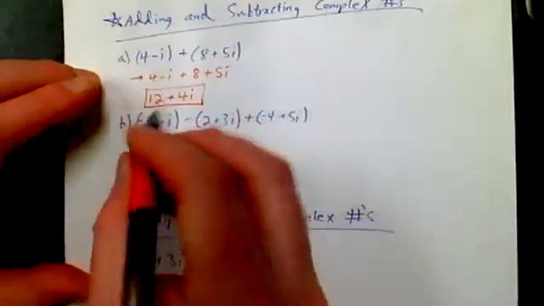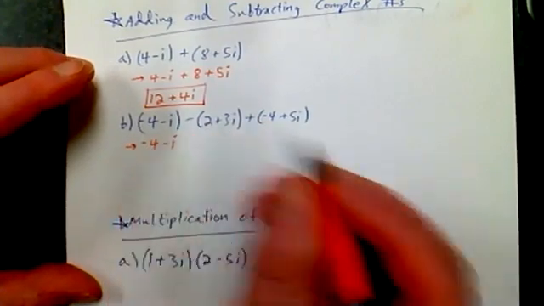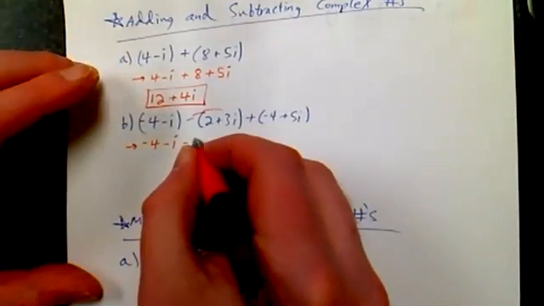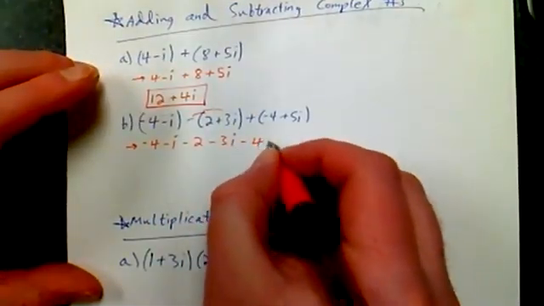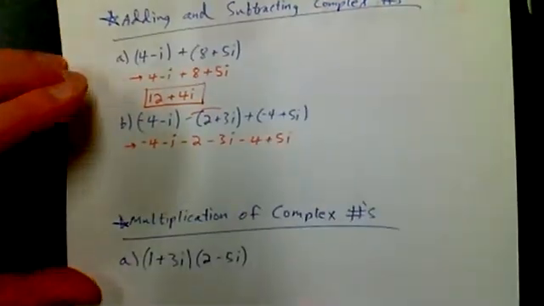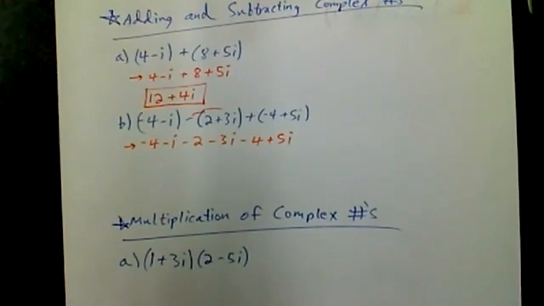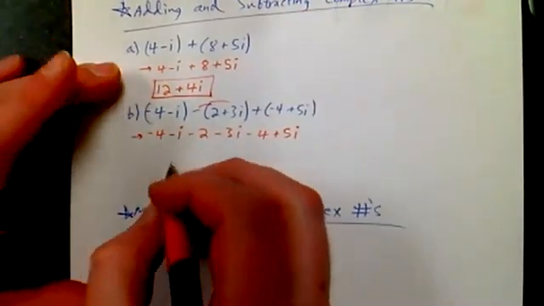Now, I have negative 4 minus i. Now, I have a minus sign here, so I know I have to distribute this. So this is now minus 2 minus 3i, and we get minus 4 plus 5i. Okay, so this is working just like in algebra class, just like we're adding and subtracting polynomials, if you recall. So what happens next?